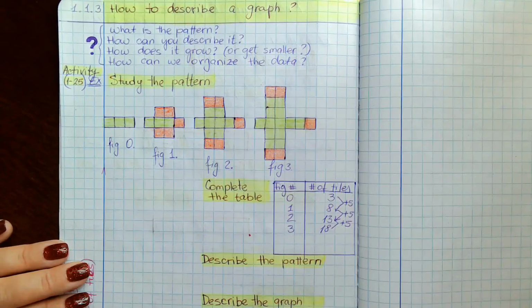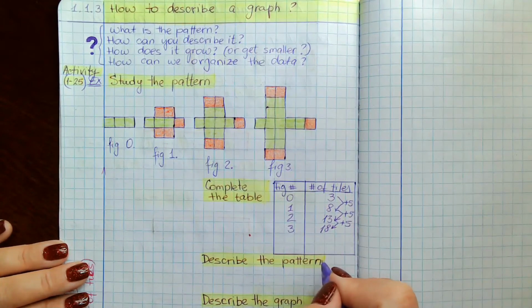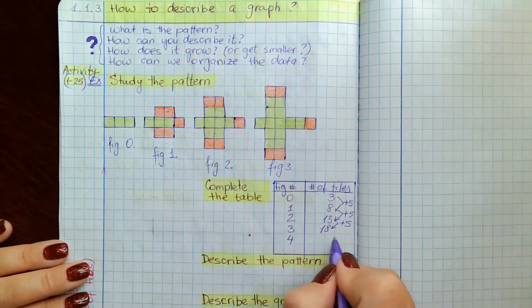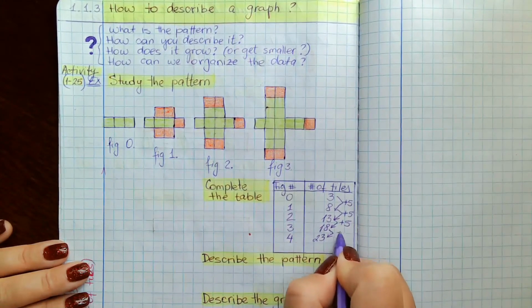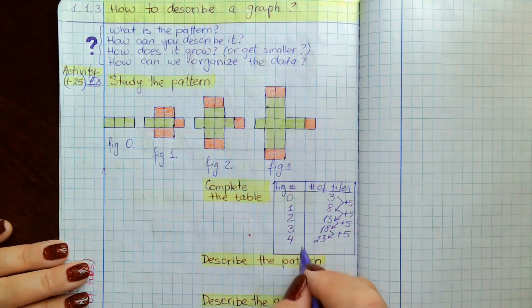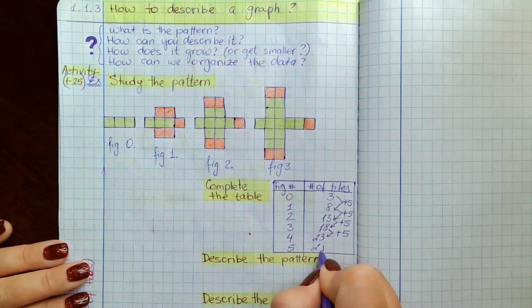So we're noticing the growth from figure to figure, adding 5 tiles. So the fourth then should be 23 tiles, because following the same pattern, we're going to add 5. Fifth figure will be 28.